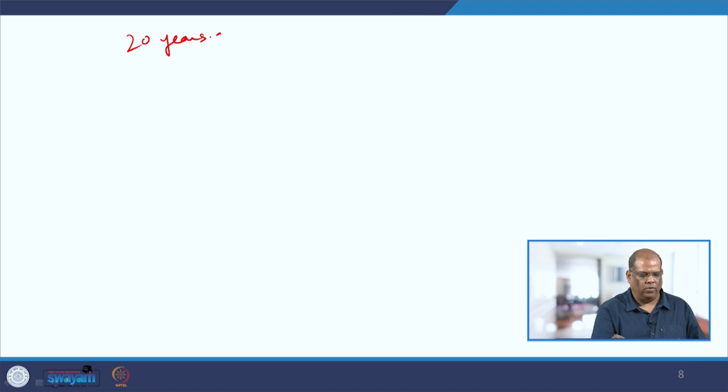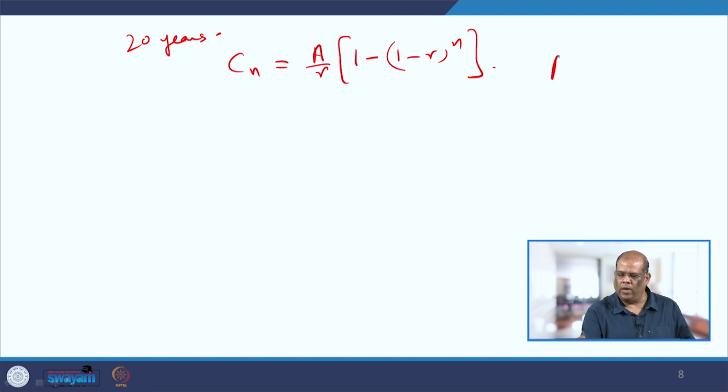Now if you want to know what will be the amount of cadmium after say 20 years, all you have to do is write the formula Cn is A by R times 1 minus (1 minus R) to the power n, where your A is 2.7, your R is 0.08 and your n is 20.